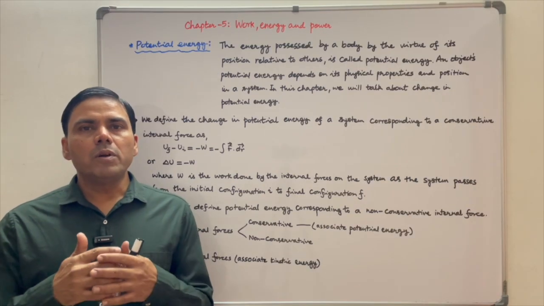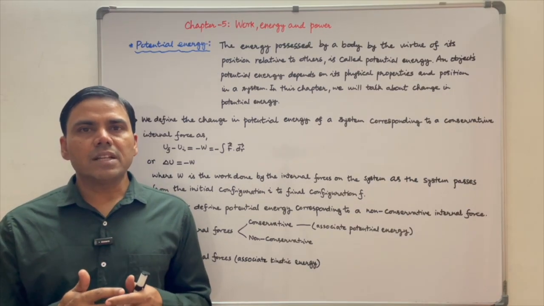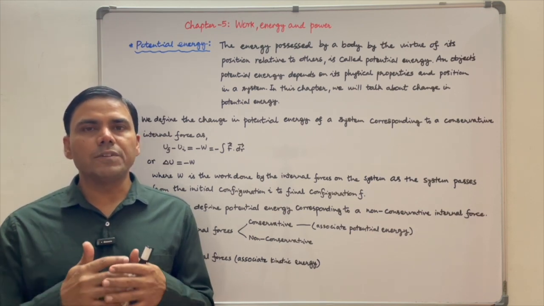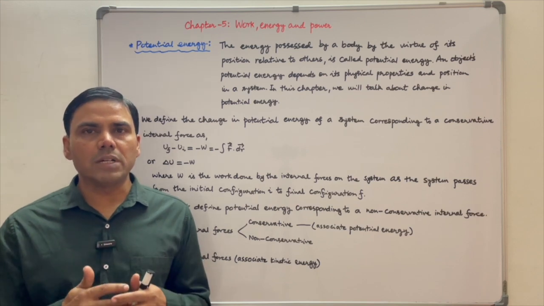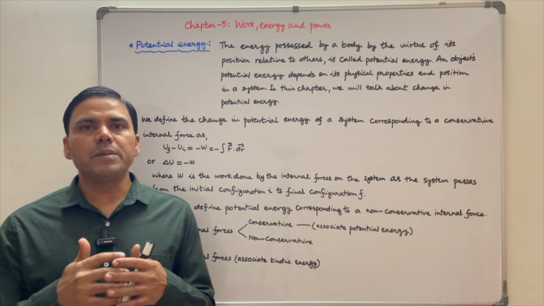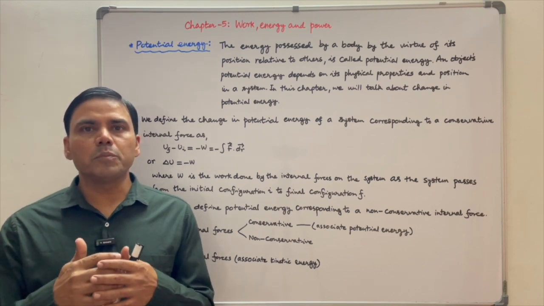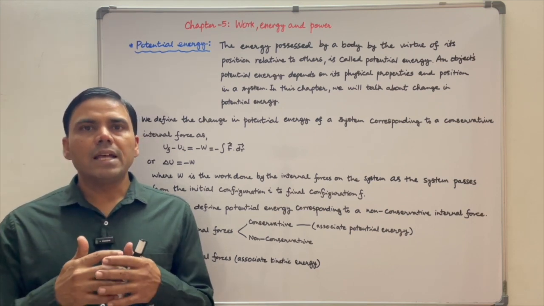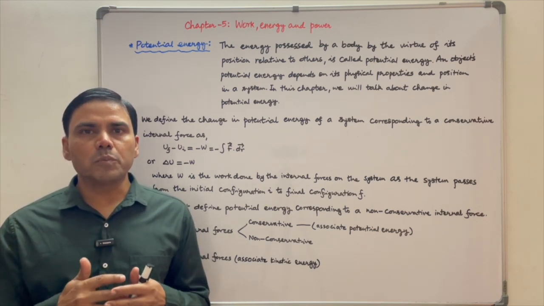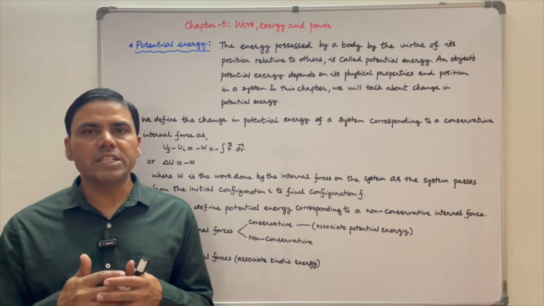Now let us talk about potential energy. In our previous classes, we have studied that the energy possessed by a body by virtue of its position in a system relative to others is called potential energy. An object's potential energy depends on its physical properties and its position in a system. As we started kinetic energy with change in kinetic energy, we will start potential energy with change in potential energy.